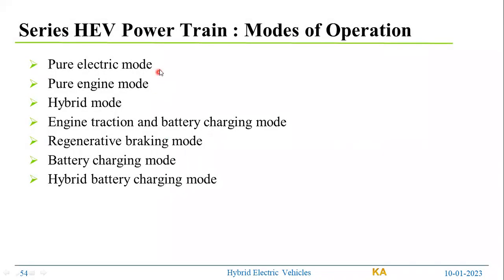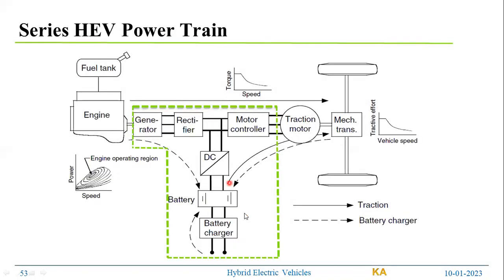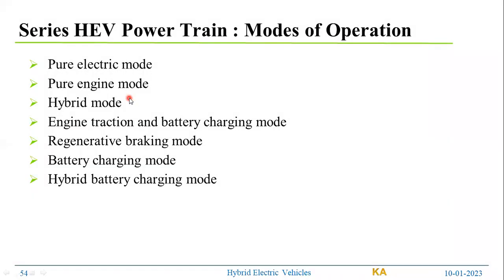Pure electric mode we have seen, from the battery itself. Pure engine mode, a combination of both, regenerative, charging from engine, charging from the battery. Hybrid mode, pure engine mode, engine traction and battery charging mode. That is through the engine itself.